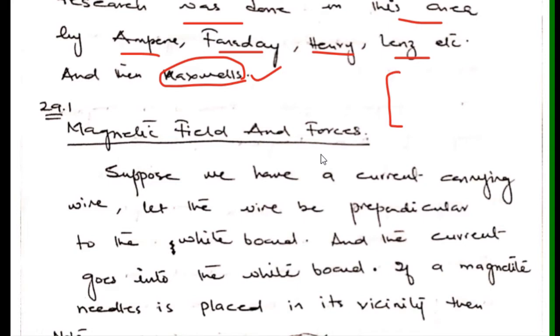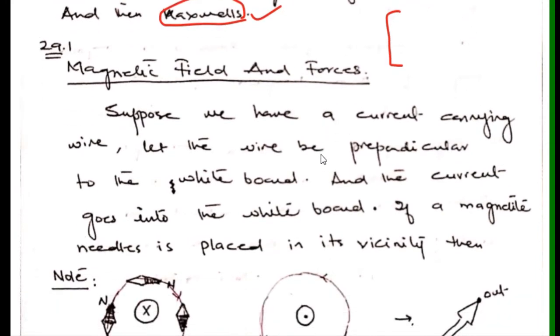Suppose we have a current carrying wire. Let the wire be perpendicular to the whiteboard. Suppose that this is a whiteboard, and the wire is perpendicular, meaning that it is going into the whiteboard, and the direction of the current is going into the whiteboard.